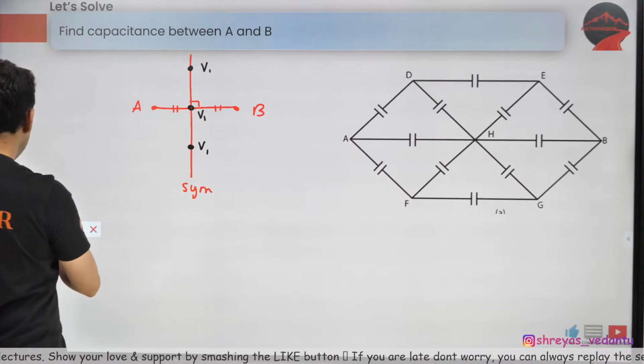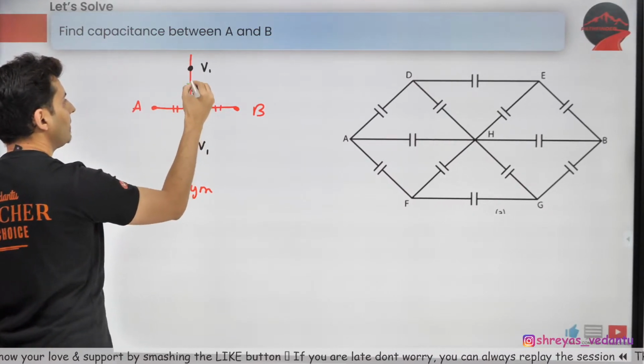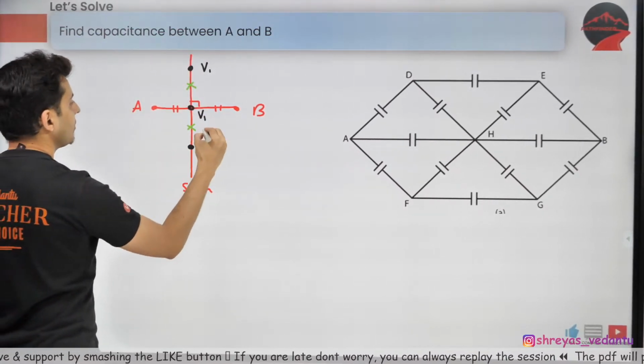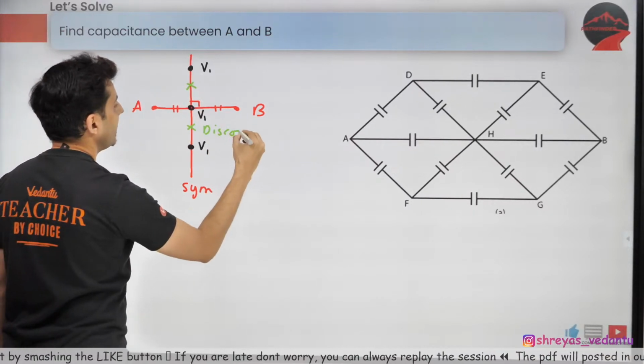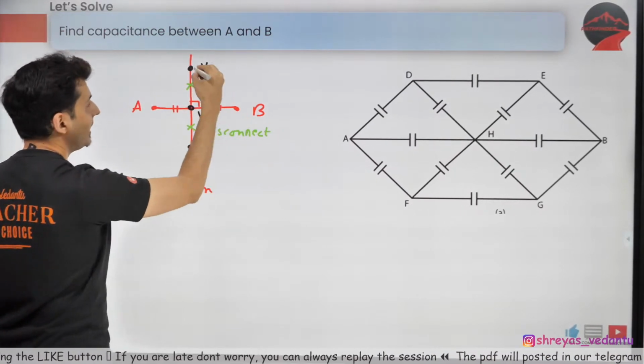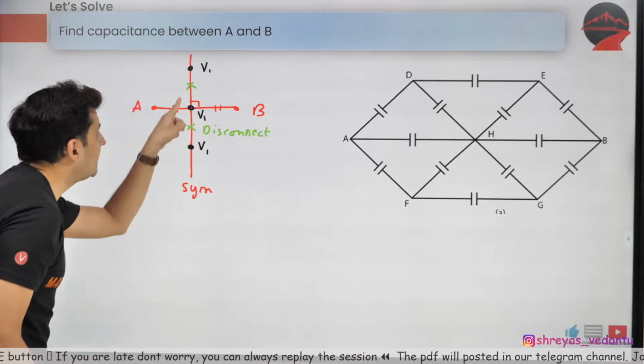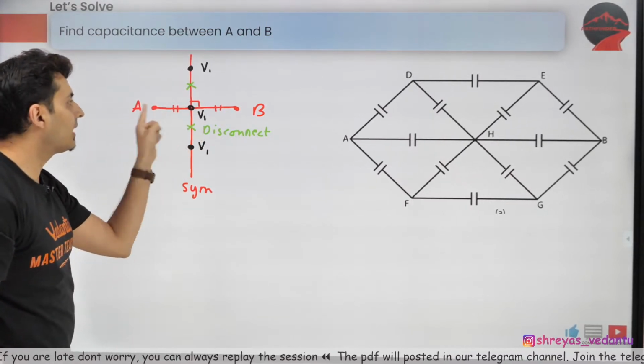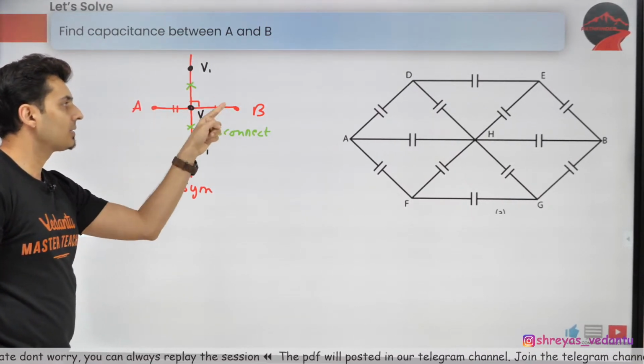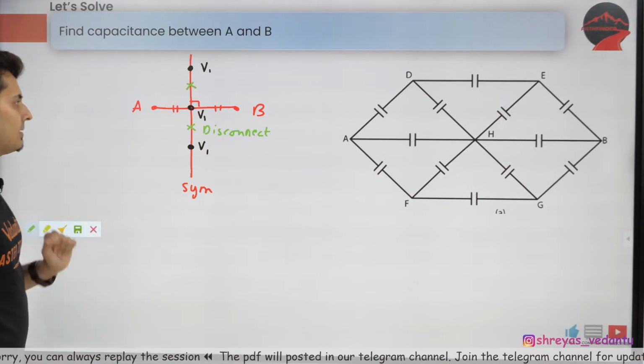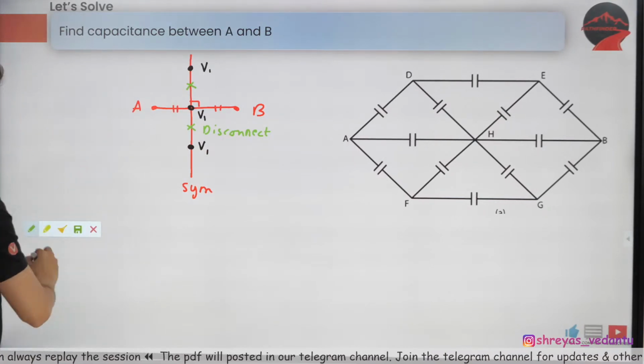Hence, whatever wire is there between them, you can disconnect that. So basically, disconnect the wire connecting on the perpendicular bisector which is symmetric about both the points where you want to find the capacitance. This is the logic you need to use.